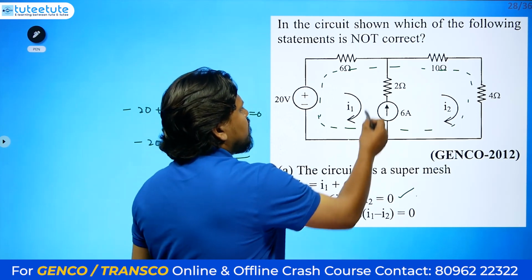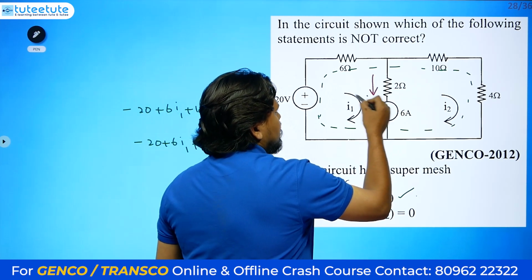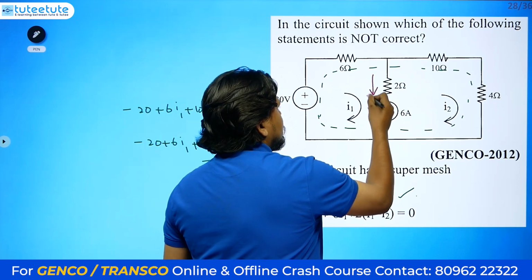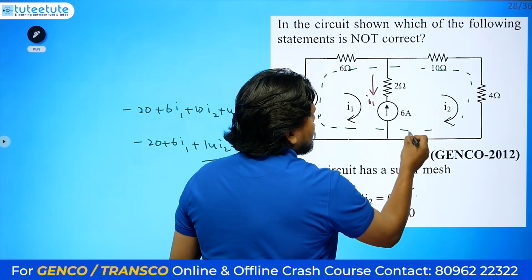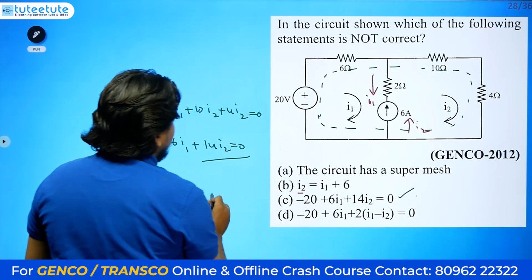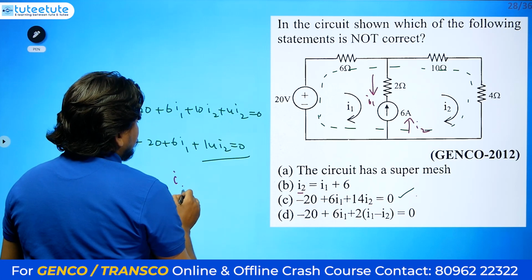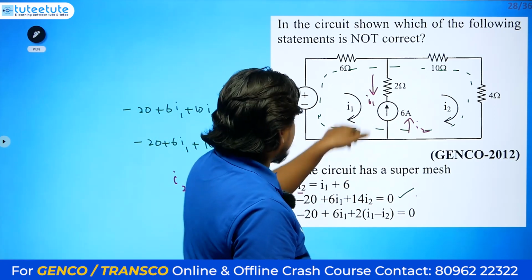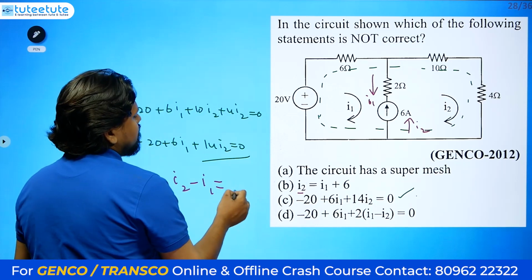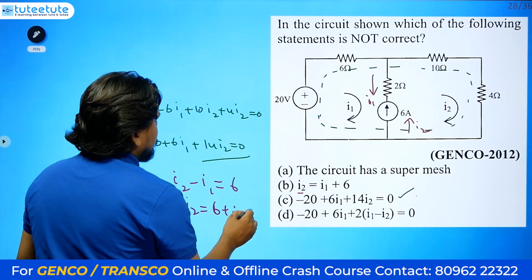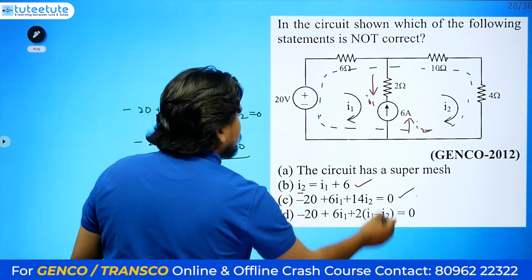Current I1 is in this direction, I2 is in this direction. So what is this 6 amperes? It equals I2 minus I1, because I2 is supporting this and I1 is against it. So I2 minus I1 equals 6, otherwise I2 equals 6 plus I1. This is also correct.